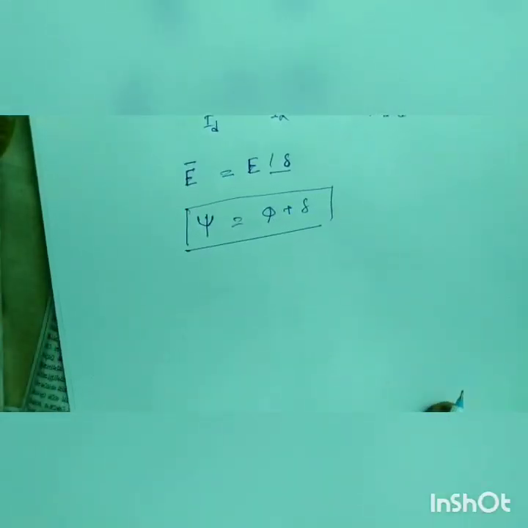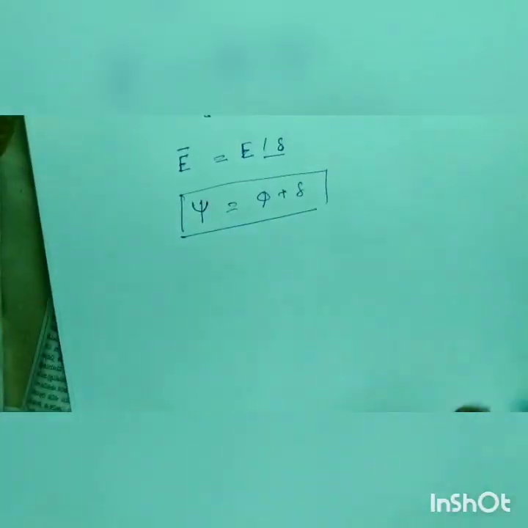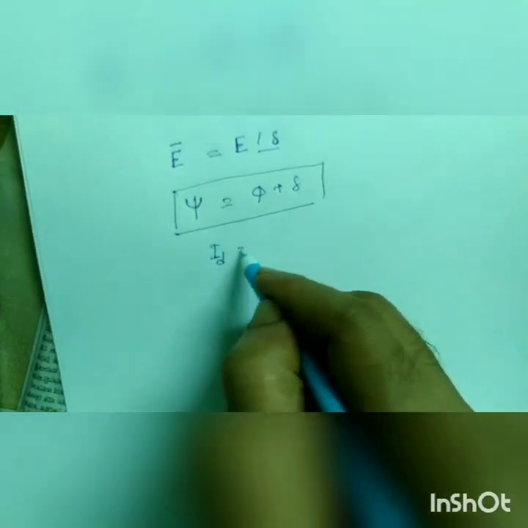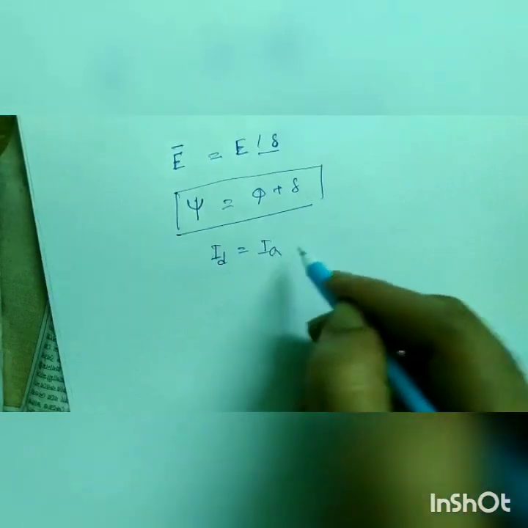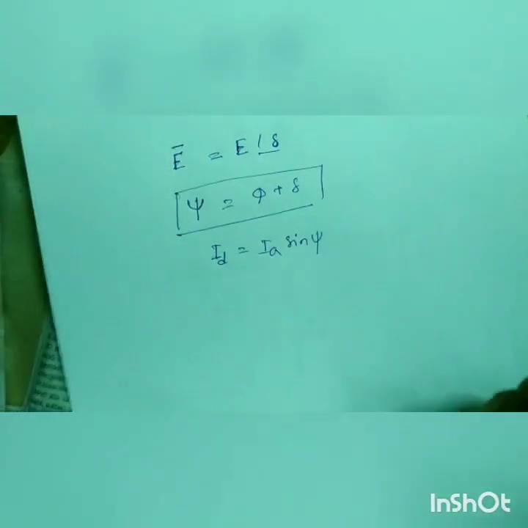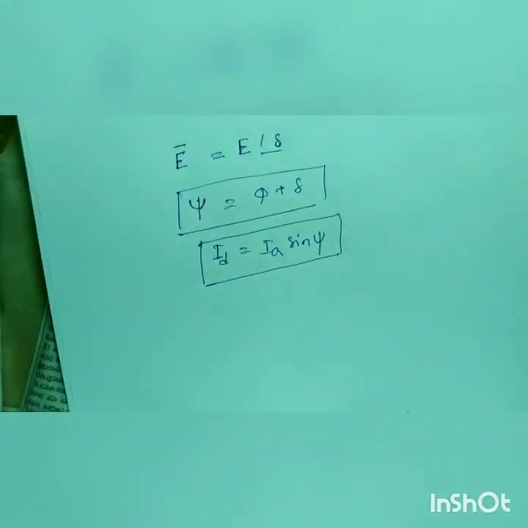So you can determine the value of ID if you know the value of IA, the actual load current. ID will be IA sine of psi. Is it okay?